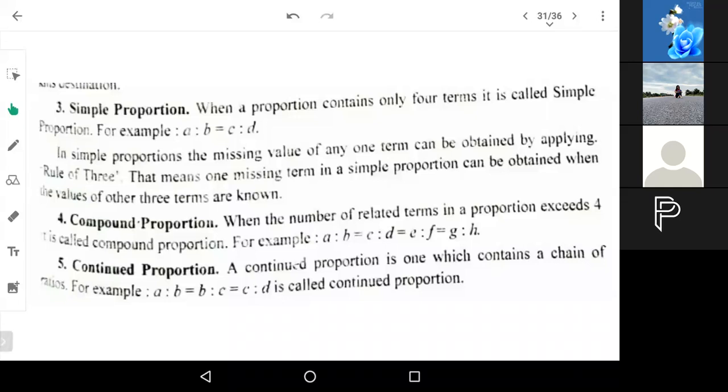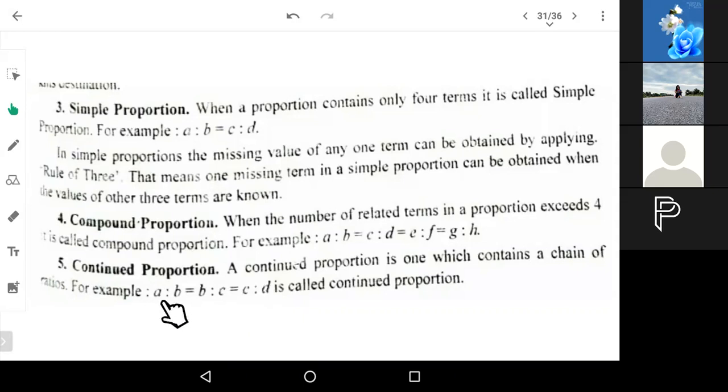Next, continued proportion. Now in continued proportion, you can expect one of the variables to be repeating. So a continued proportion is one which contains a chain of ratios. So A is to B is equal to B is to C. If you see here, B is repeated. And then B is to C is equal to C is to D. Again, C is repeated.